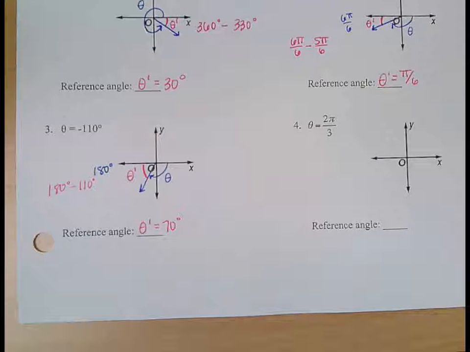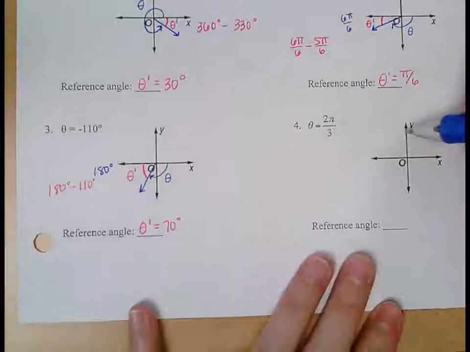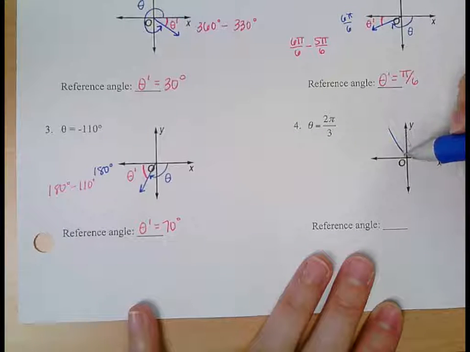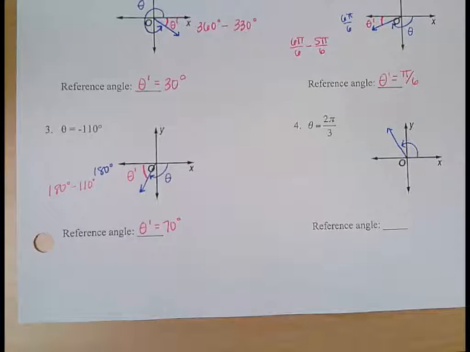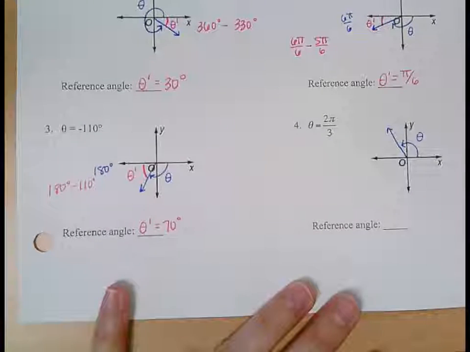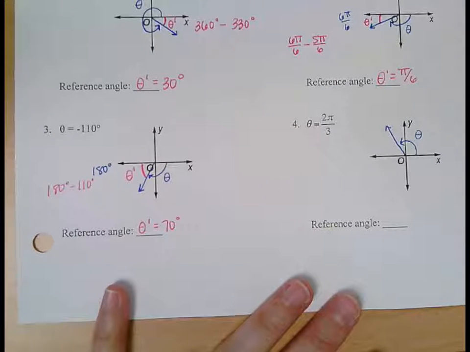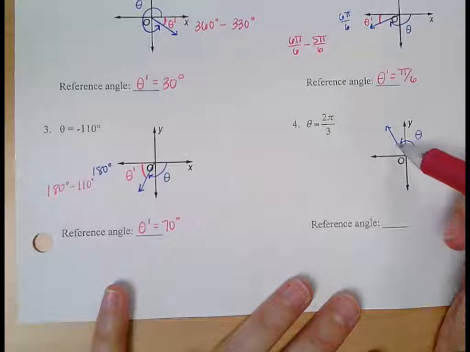And the last one, number 4, 2 pi thirds. This angle is on your unit circle. You can see about where that is. So here in quadrant 2, it's a positive angle, so we're going around counterclockwise. And then our reference angle between that terminal side and that negative x-axis.